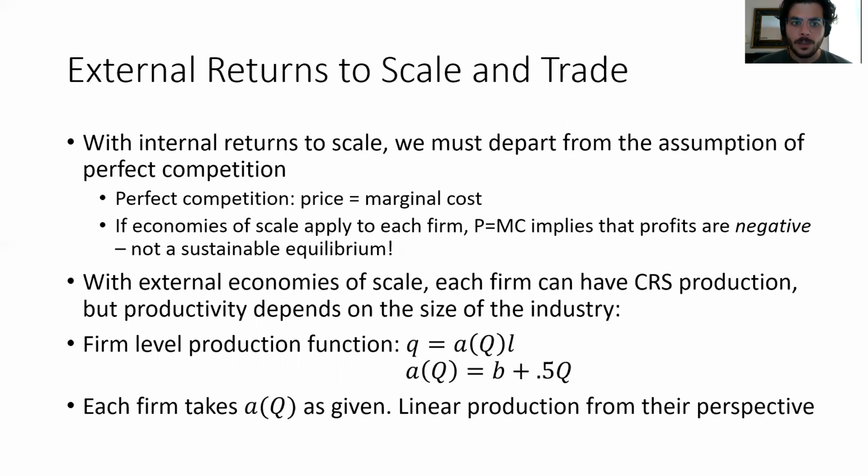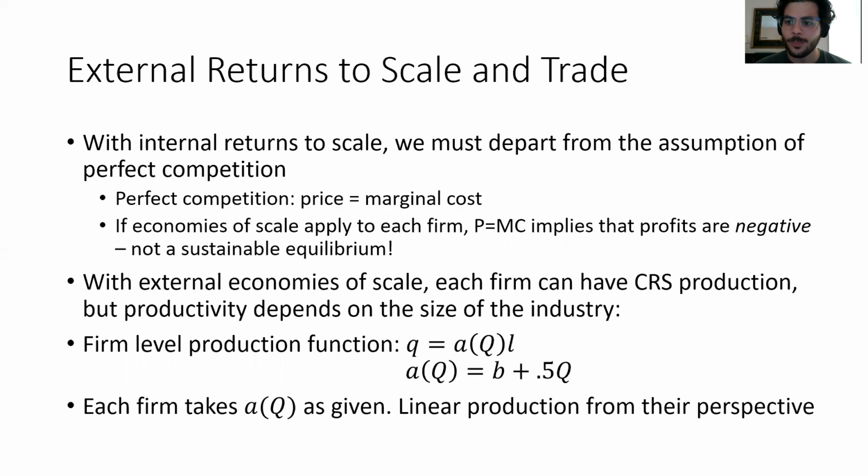So in this lecture, we're going to be just looking at external returns to scale. And the reason is that once we have returns to scale, we have to be very careful about setting prices and dealing with competition. So with internal returns to scale, we actually have to depart from assuming perfect competition. So remember, perfect competition is simply that price equals marginal cost. Well, if marginal cost is continually declining, and if we have internal returns to scale, that simply won't work.